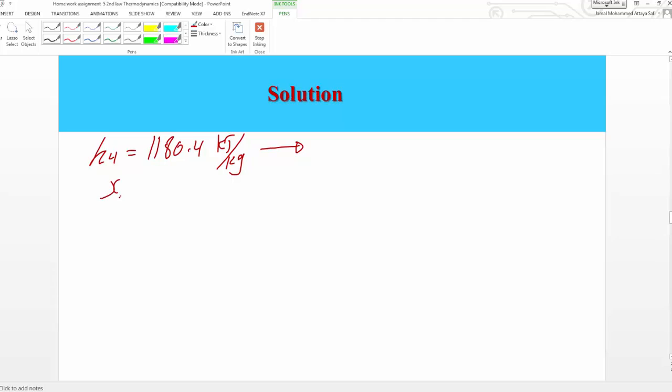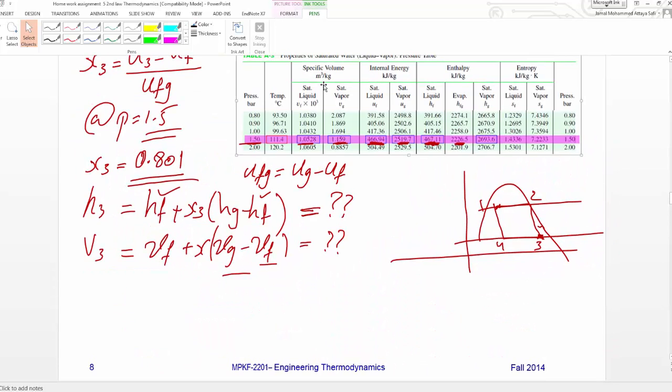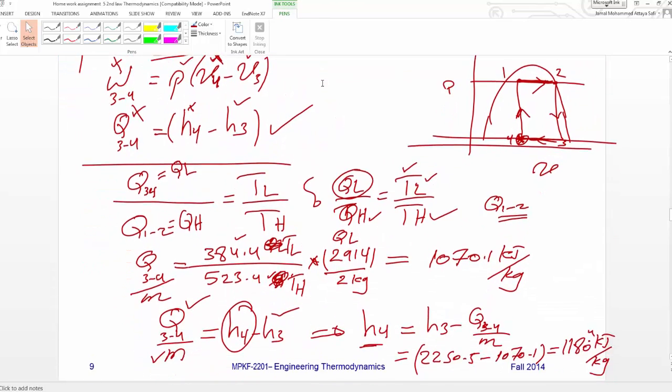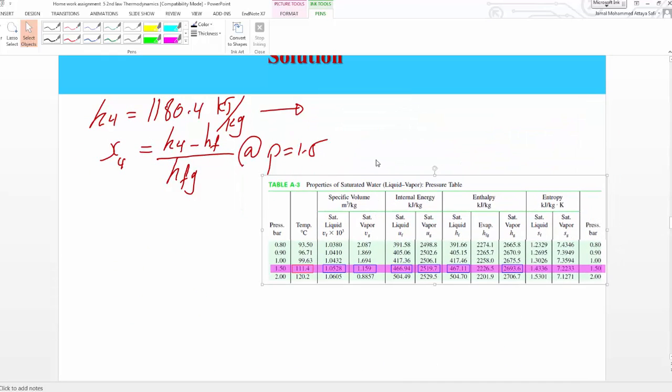Now X4 is equal to H4 minus HF divided by HFG at P equal 1.5. So I can go here and just copy it to use it here.